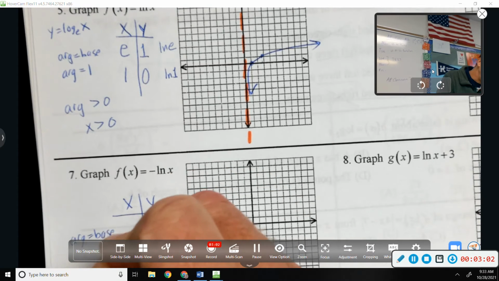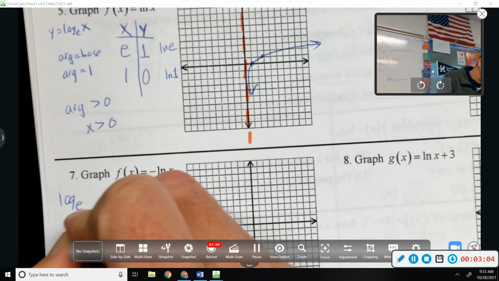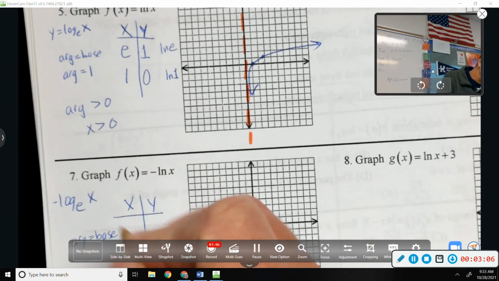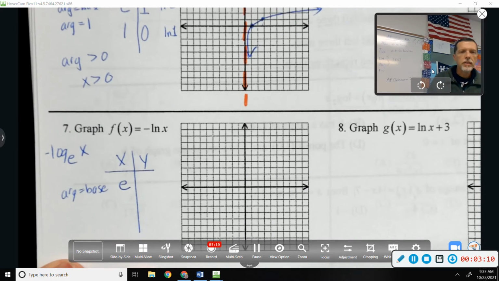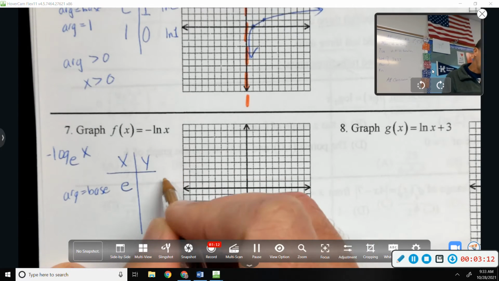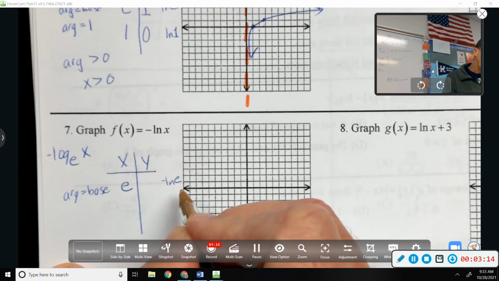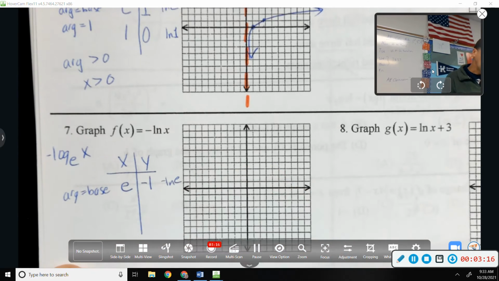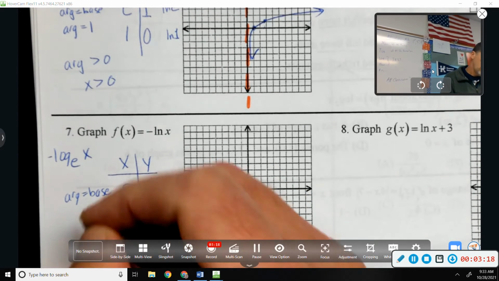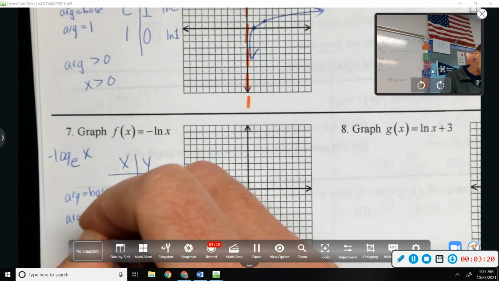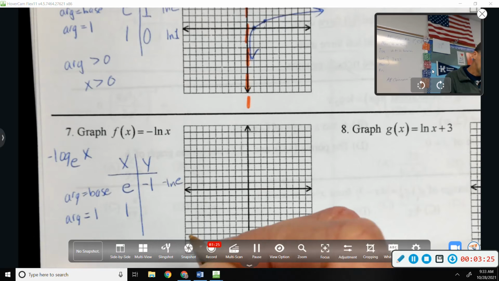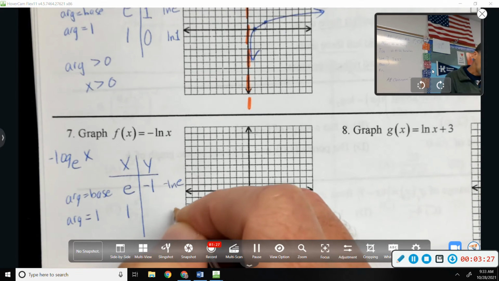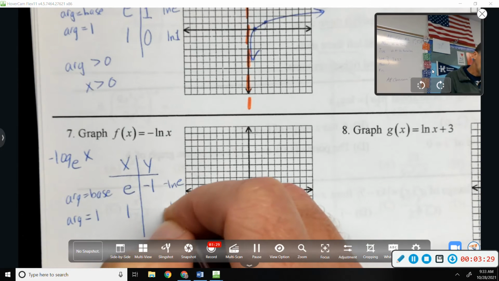So if we want the argument to equal the base, then I need my argument to be e. The natural log of e is 1, but then there's a negative out front. If I want my argument to equal 1, then x should be 1, and the natural log of 1 is 0.